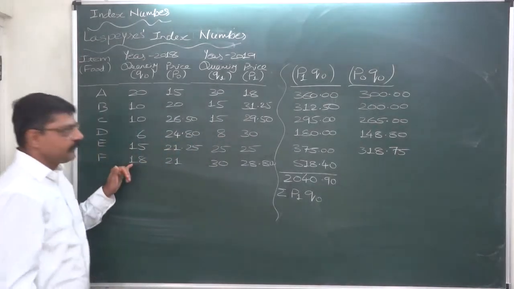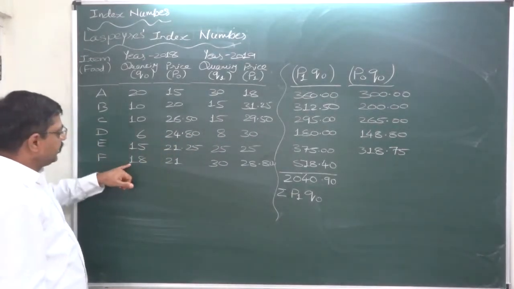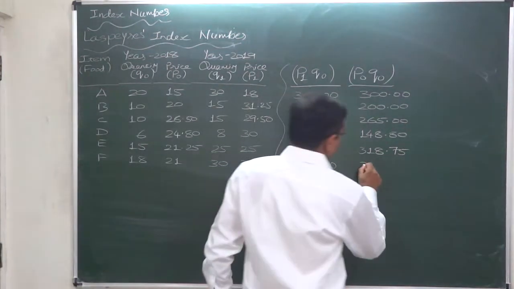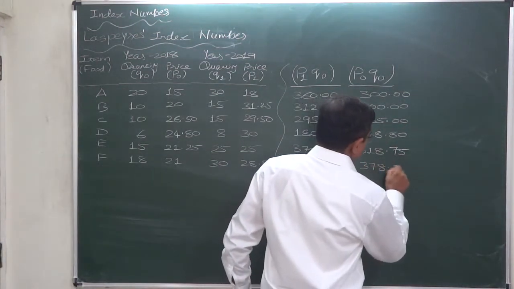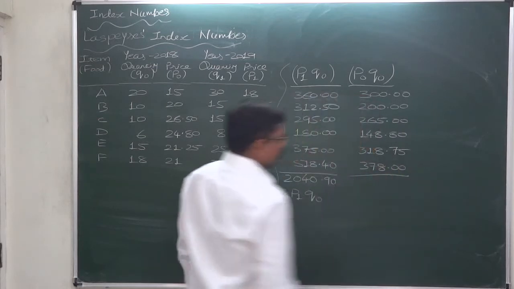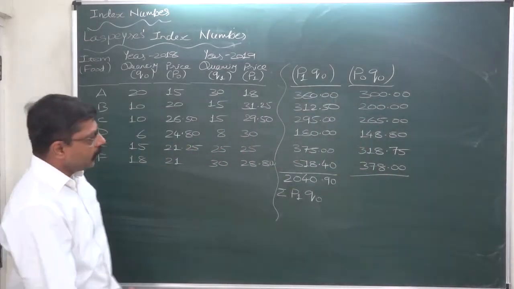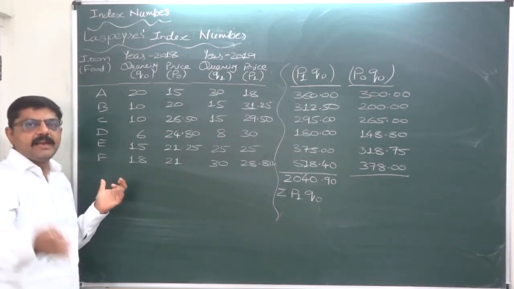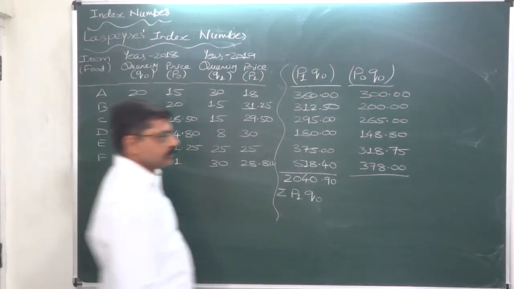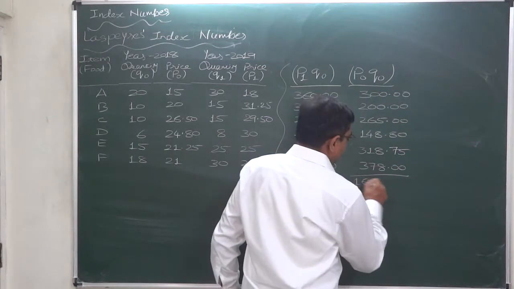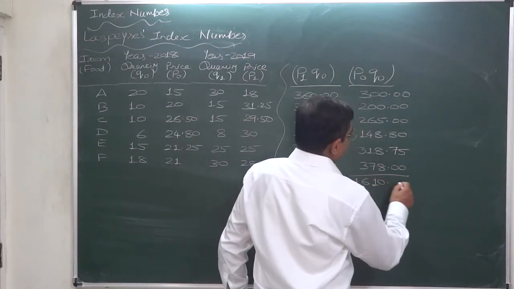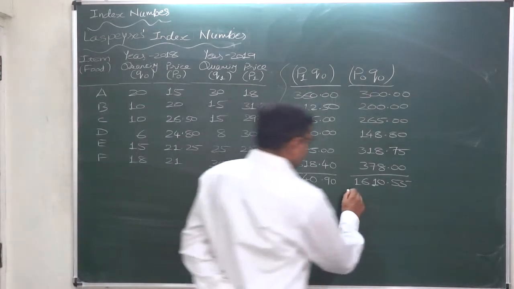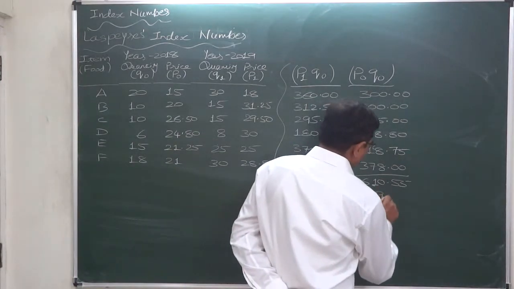And in case of F, it comes to rupees 378, 18 into 21. So this is the column of cost of A, B, C, D, E, F we actually paid during the base year. The total was 1610.55. This is known as sigma P0 Q0.